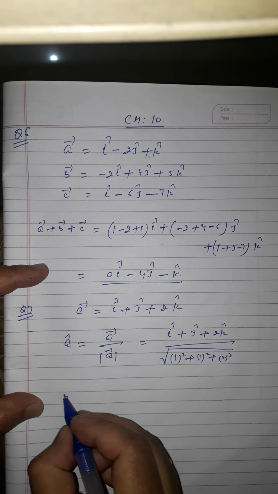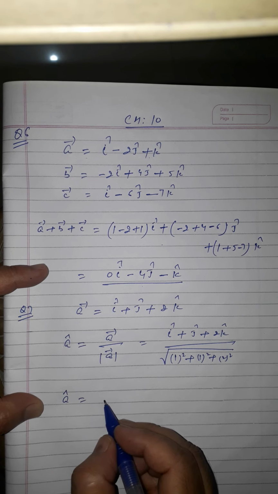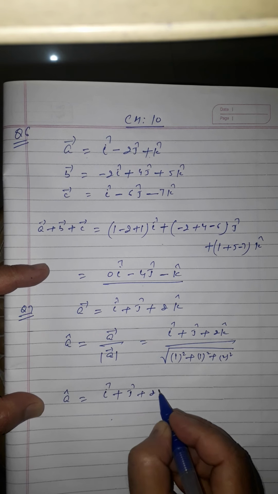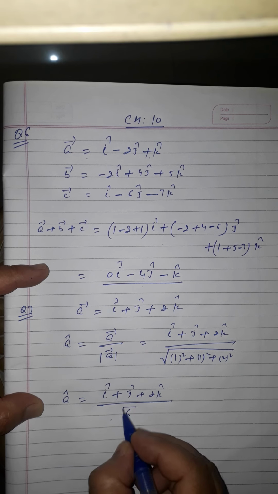So the unit vector A is i cap plus j cap plus 2k cap upon root 6.